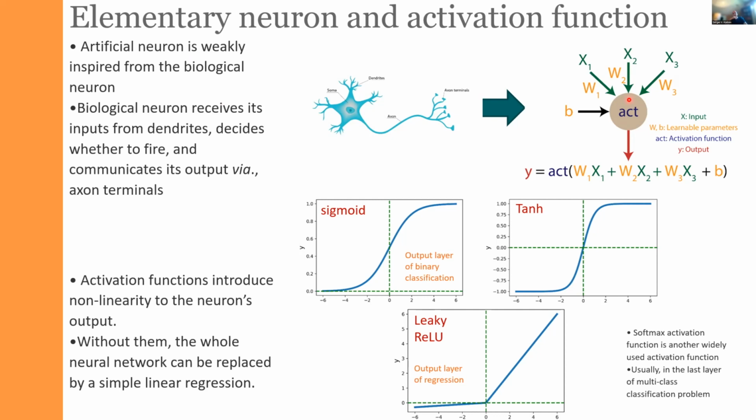It turned out that in order to solve this problem, you need to do two things. One thing is you need to add some form of activation function. The activation function is generally chosen to be either sigmoid, tanh, or rectified linear unit.